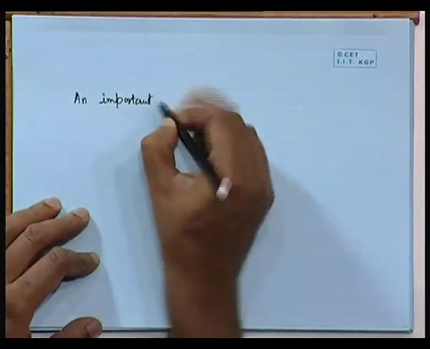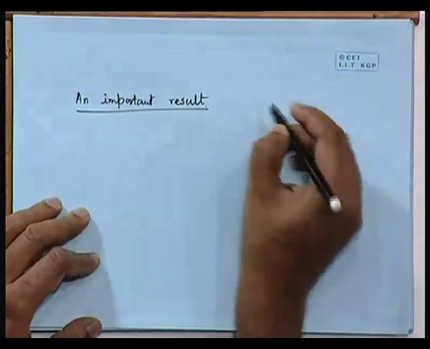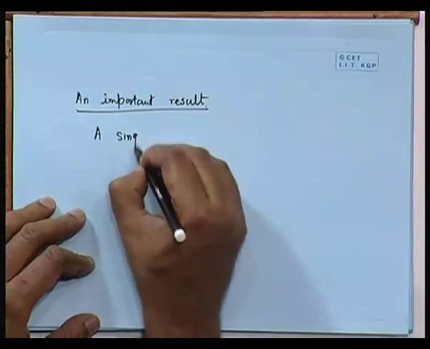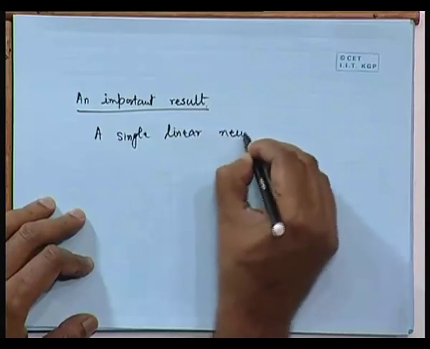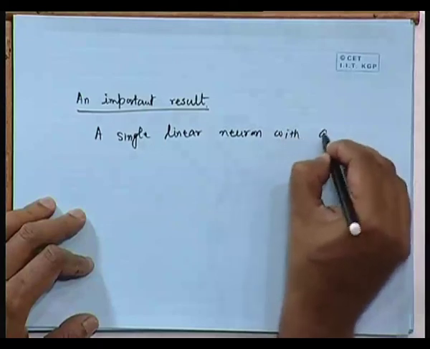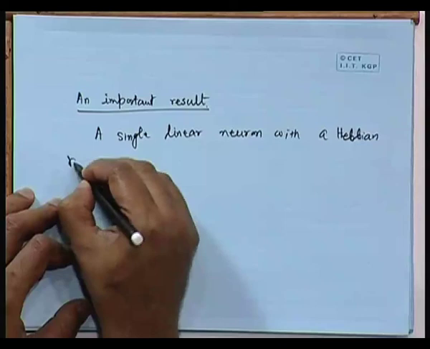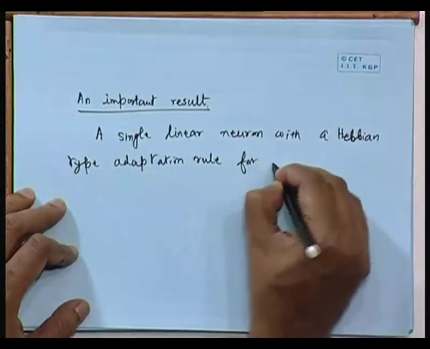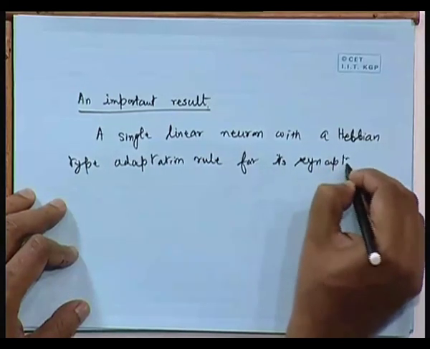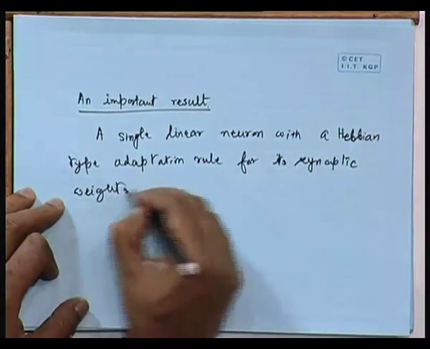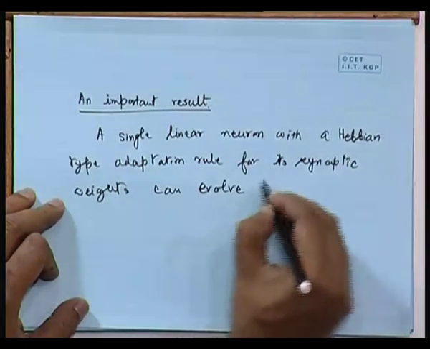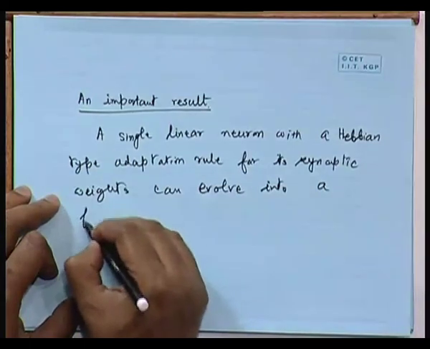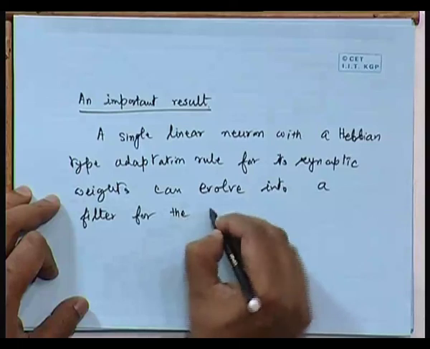Now, one important result which I was telling you is of relevance to us in neural networks: a single linear neuron with a Hebbian type adaptation rule for its synaptic weights can evolve into a filter for the first principal component.